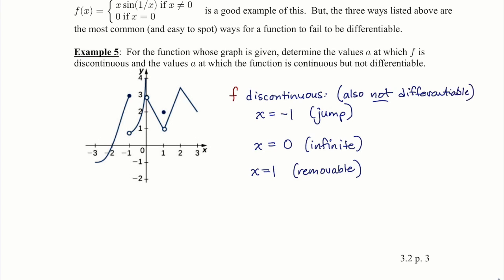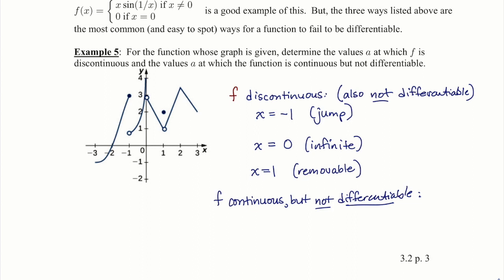And then we also have places where the function is continuous but is not differentiable. And those would be places where we see a vertical tangent line or a sharp turn.